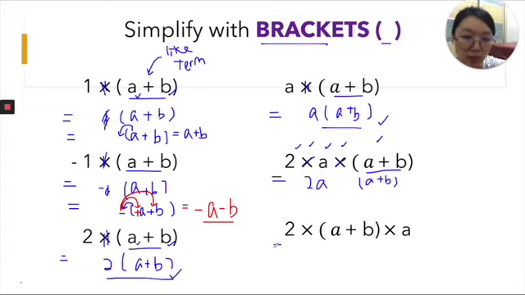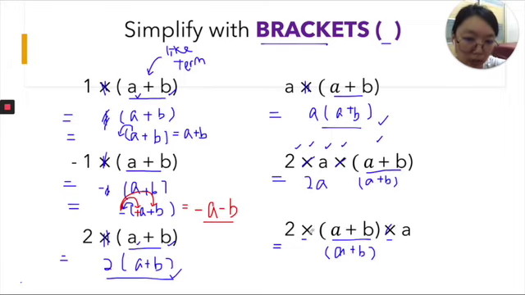And the last one here, almost the same. So I have 2 times bracket a plus b times a. So I have times outside, I have bracket. Whatever is inside the bracket, do first. Any like term? No like term. So I put as it is, a plus b, bracket. I have times outside, times outside.